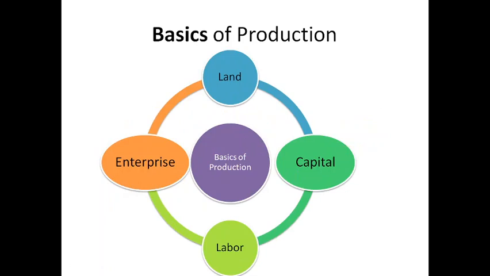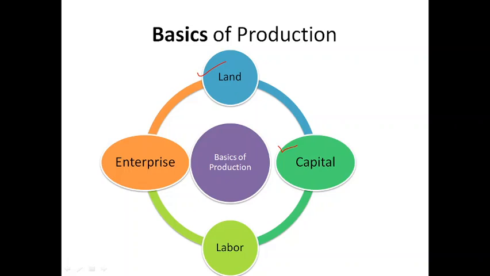These are the basics of production. First is land. Land includes all natural resources which are on the earth and under the earth, like plants, minerals, oil wells, water, sunlight, forest products, etc. Next, capital. Capital is the amount which is used for production.